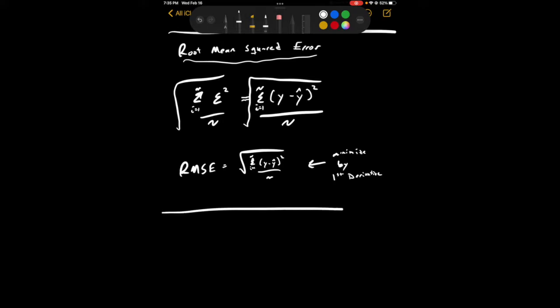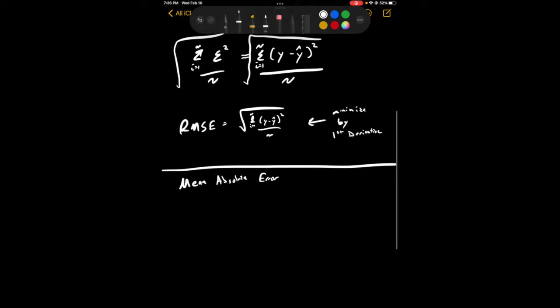Now, the second most common way to measure the error of a linear regression is called the mean absolute error. And this kind of follows the same general concepts as the root mean squared error, in that we're going to get the error, we're going to make it positive, we're going to take the mean, and then we're going to make sure that we're on the same scale as the y values.